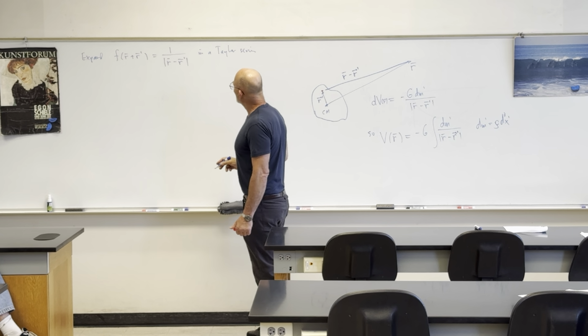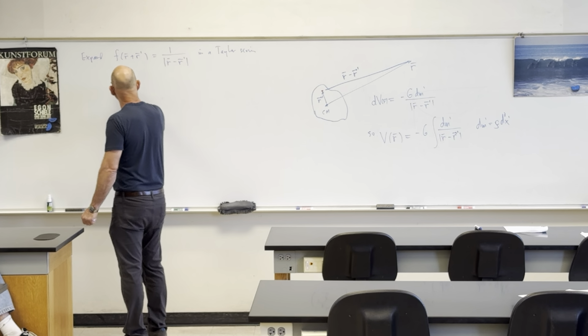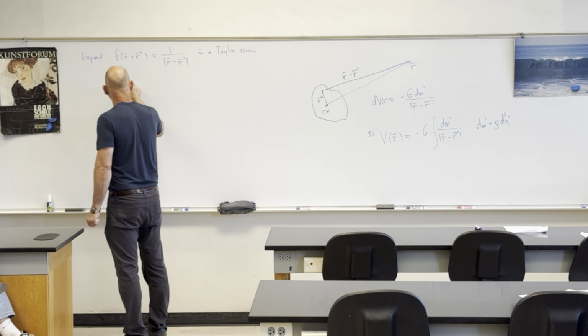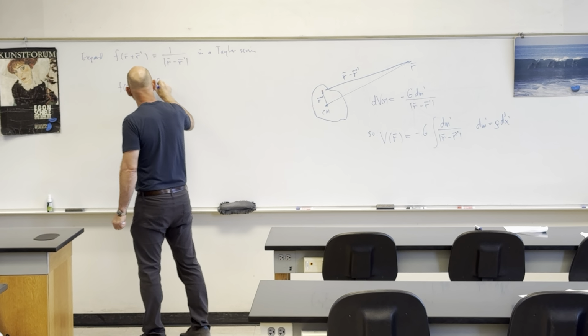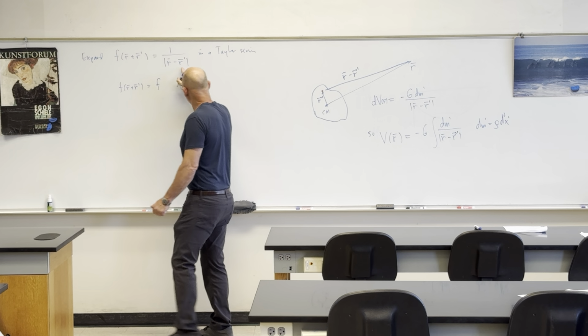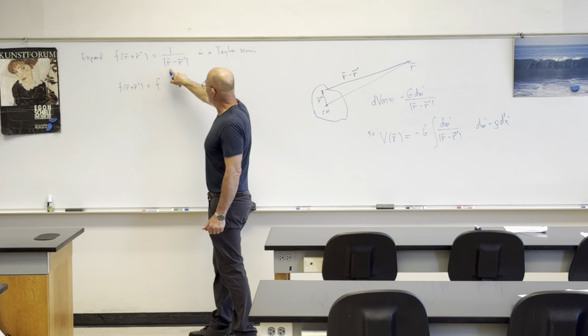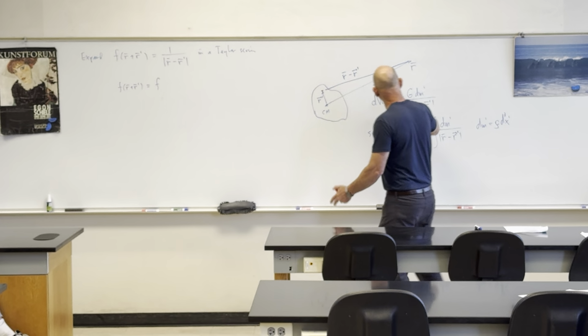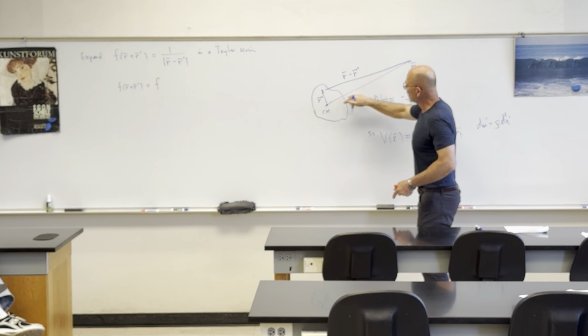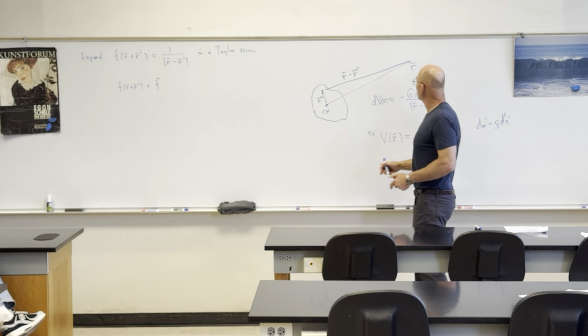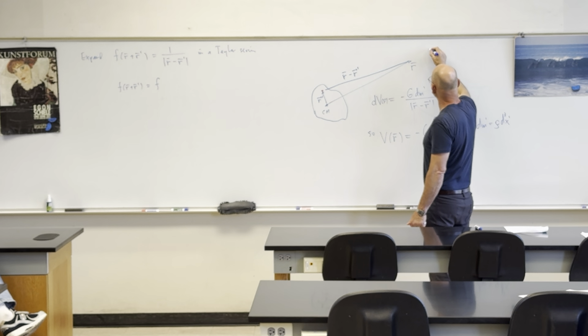And the form we're going to use is this. f of r plus r prime equals... So we're calling r prime small, right? r is large. It's just like on my picture. We're far enough away from this object so that this r is much greater than any r prime in the object. So actually, let's go ahead and write that here.